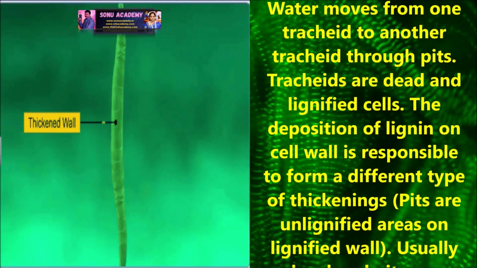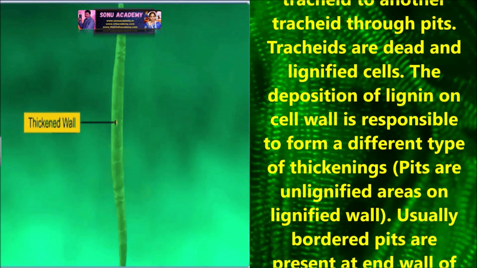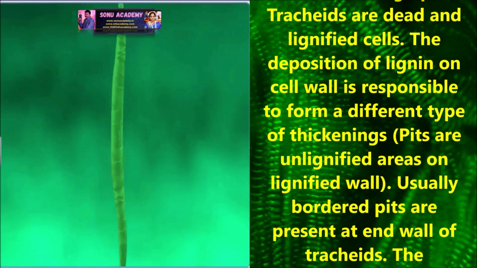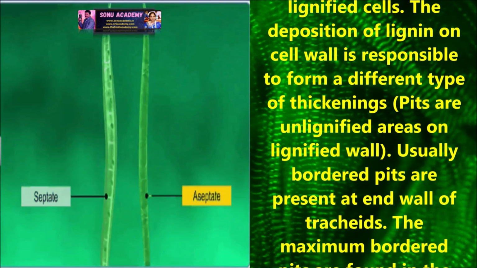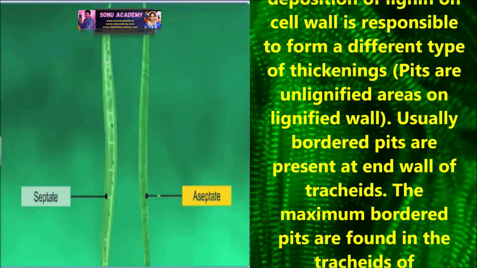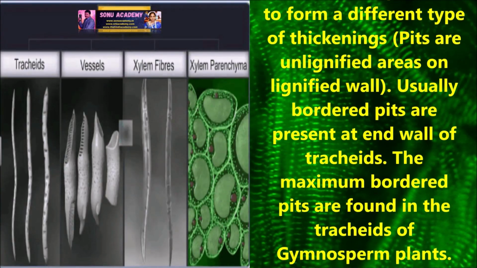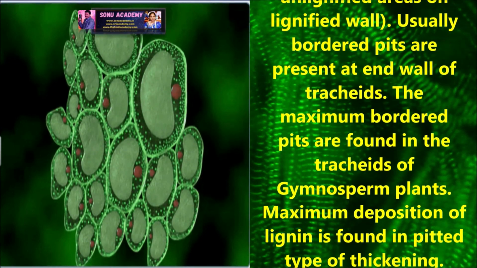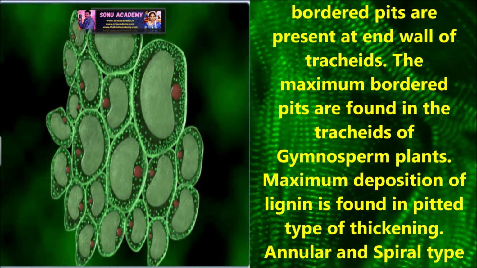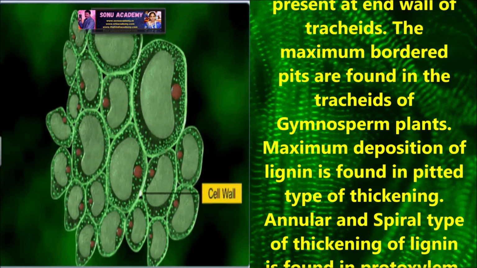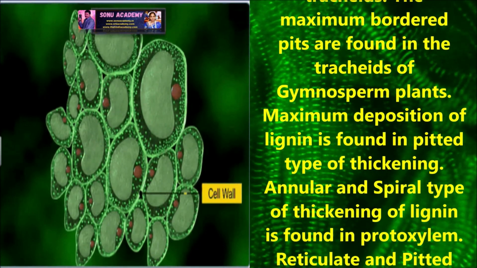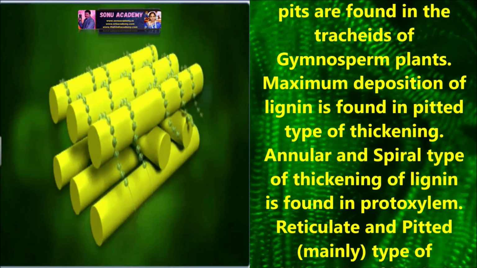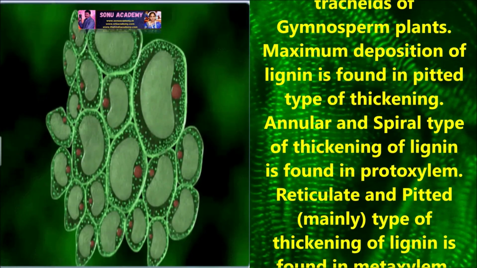Tracheids are dead and lignified cells. The deposition of lignin on the cell wall is responsible for forming different types of thickening. Pits are unlignified areas on lignified walls. Usually, bordered pits are present at the end walls of tracheids. The maximum bordered pits are found in the tracheids of gymnosperm plants.